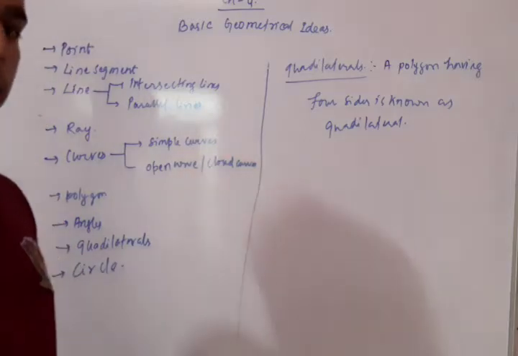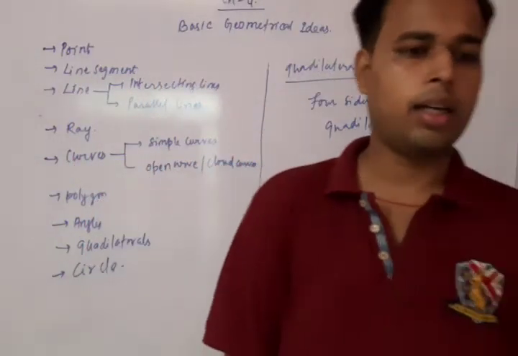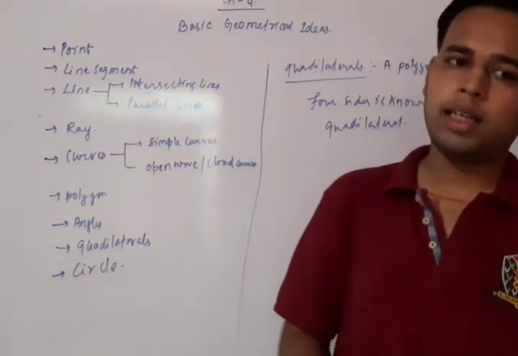The total angle of a quadrilateral will be 360 degrees. And in quadrilaterals you have seen parallelogram, rectangle and square. Those properties you have seen earlier.